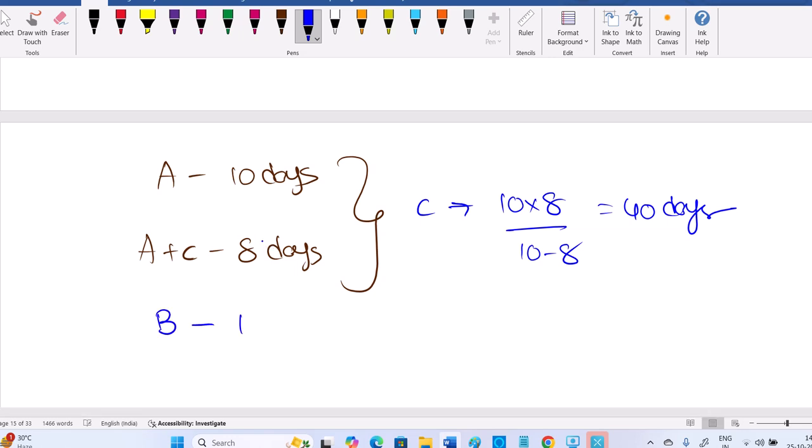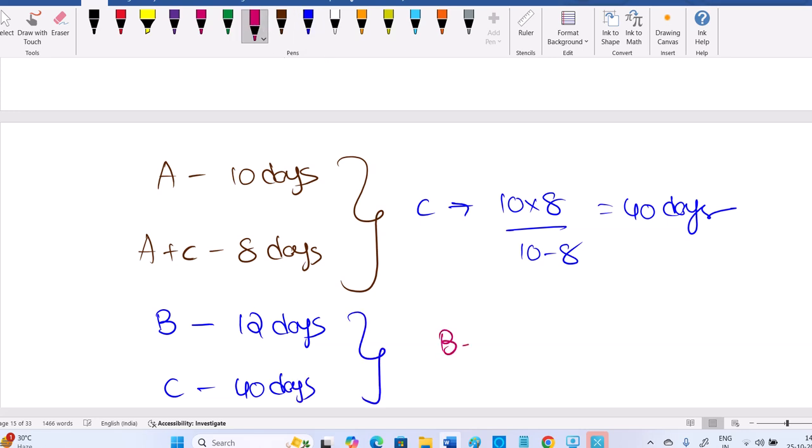B alone is 12, C alone is 40. Now you want together. When alone is given and together is to be calculated, it is product divided by summation. For 10 times, for 13 times.